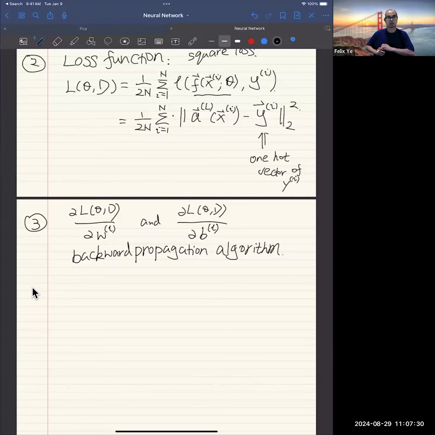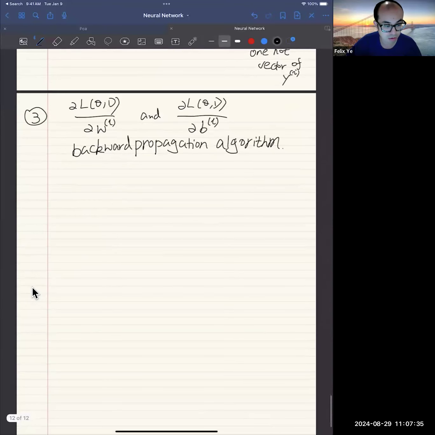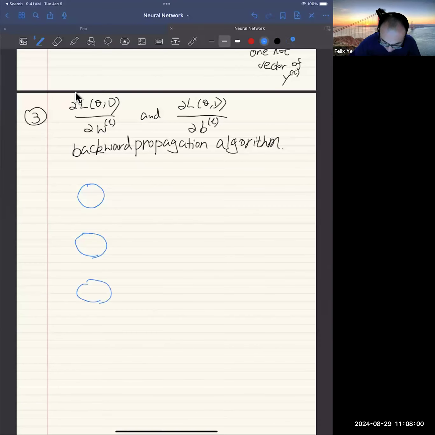Let me write it out explicitly and simplify everything first. Let's just look at the last layer first, because this whole thing has to go back from the last layer. We have a layer L minus one, say this is neuron k.